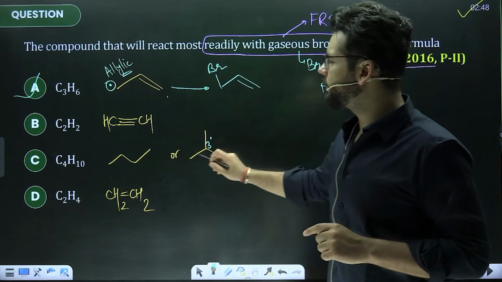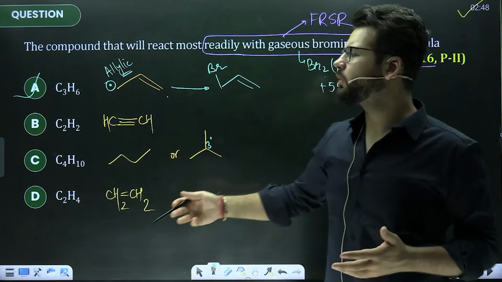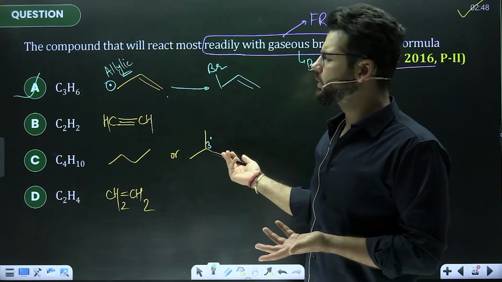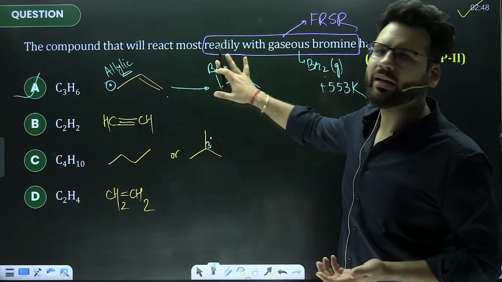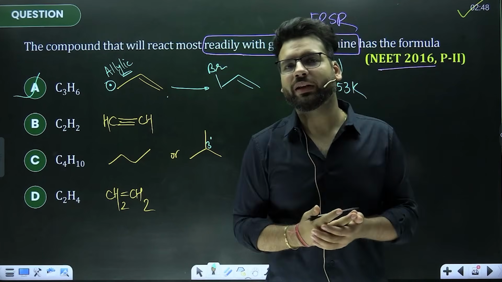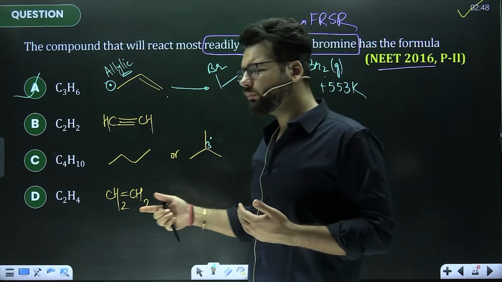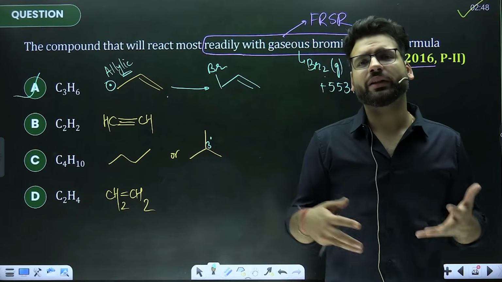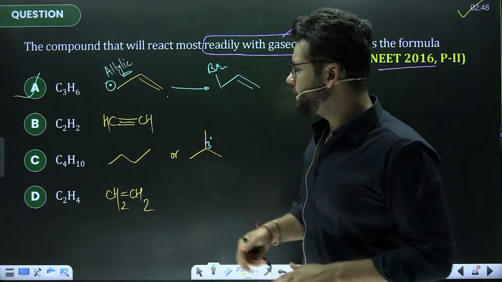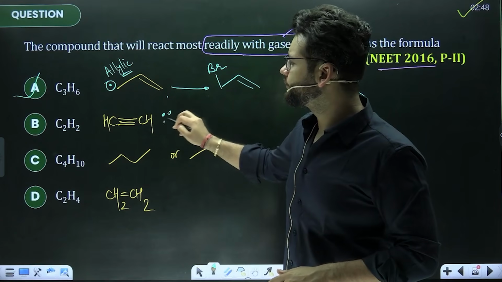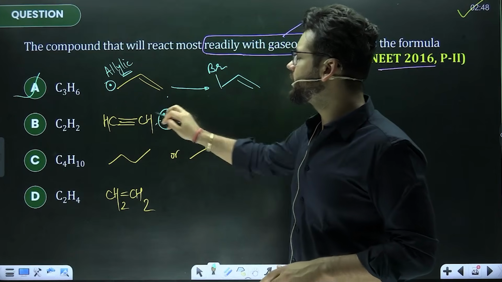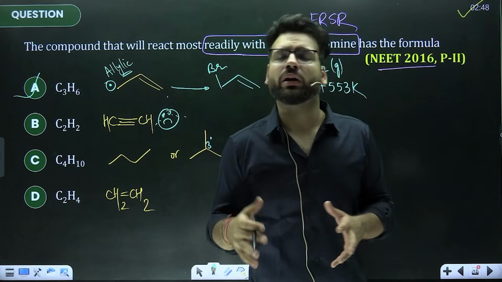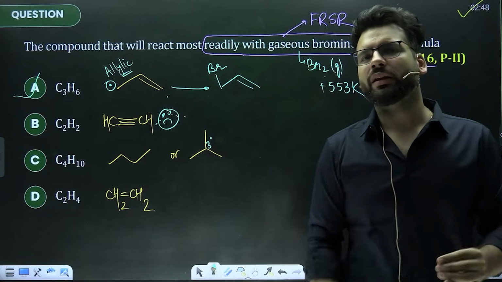But they didn't mention which butane. So giving the benefit of the doubt, maybe this one. Even if it was isobutane, still our answer would remain as the allylic position being more reactive. That's why I told you during halogenation, always check allylic first, then tertiary, secondary, and primary. This would be least reactive here, because a radical is never stable on an sp carbon or an alkynic carbon. A radical is never ever stable.